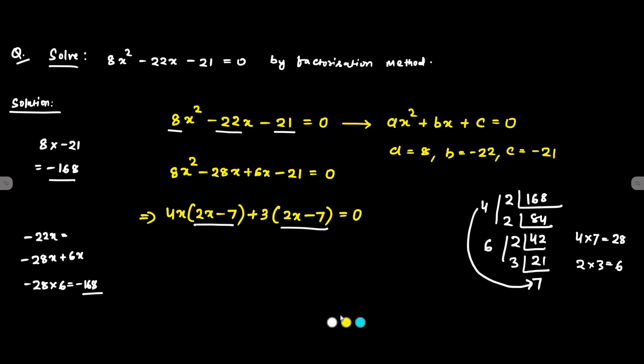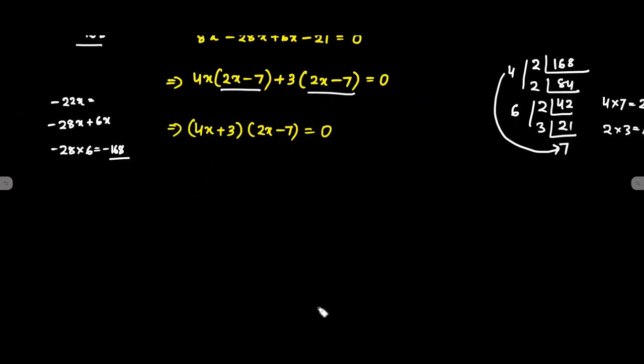So now we can write it as (4x + 3)(2x − 7) = 0. That implies 4x + 3 = 0, or 2x − 7 = 0.